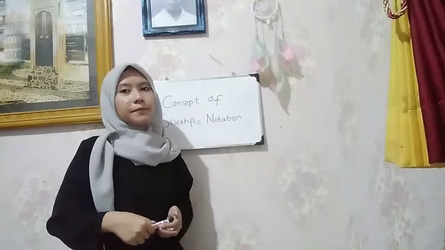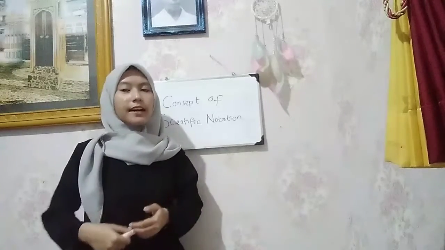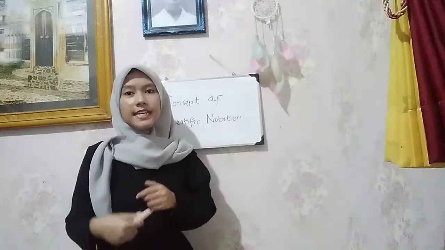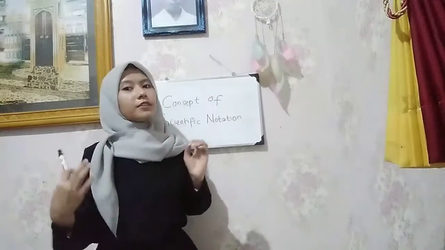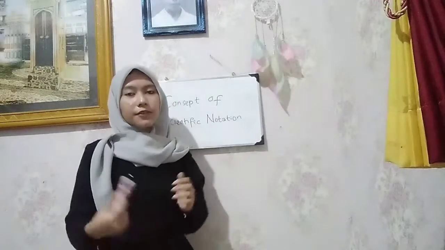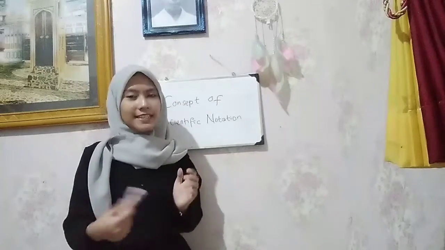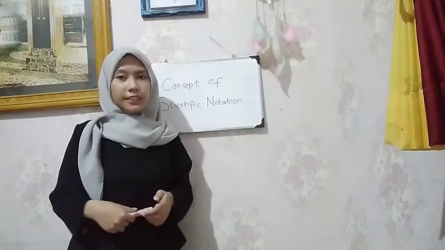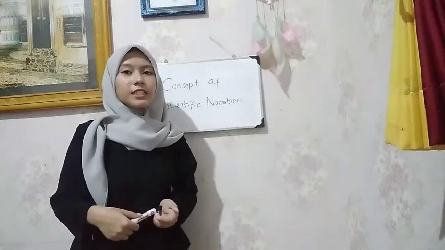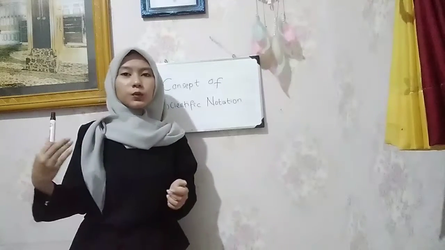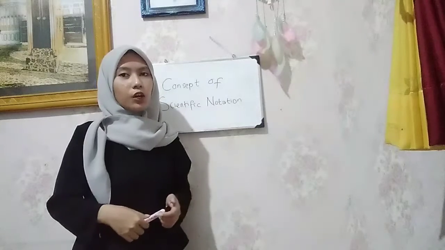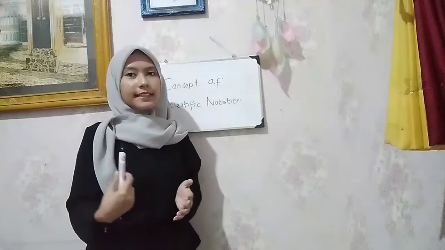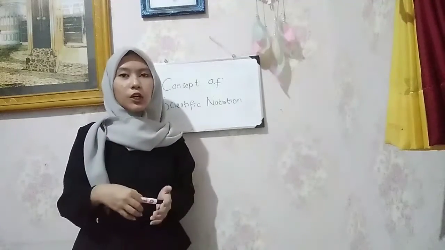To write the mass of electrons, which are invisible to the naked eye, is certainly very difficult because it is very small in size. Therefore, a notation is formed called scientific notation. Scientific notation can make it easier to determine a value of magnitude that is too large or too small.